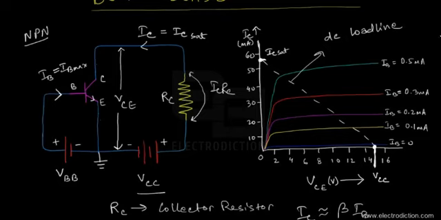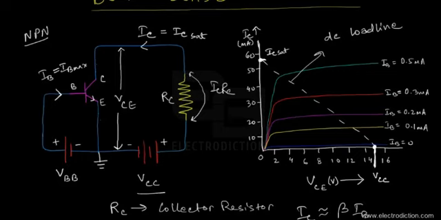This load line can be mathematically defined as the locus of all the corresponding collector current and the collector to emitter voltage points in the output characteristics of a particular BJT circuit. We can use this load line in order to determine the exact values of corresponding collector to emitter voltages for given values of collector currents. So that just makes analysis easier.